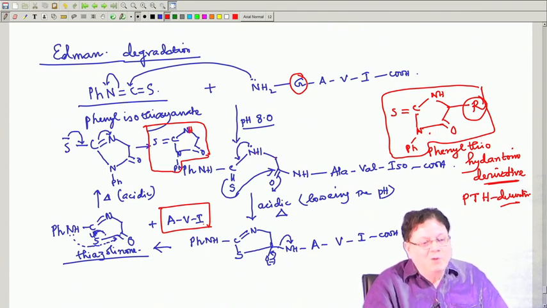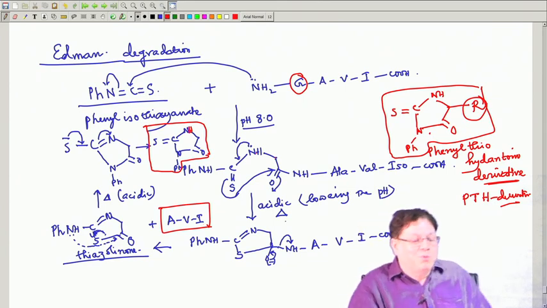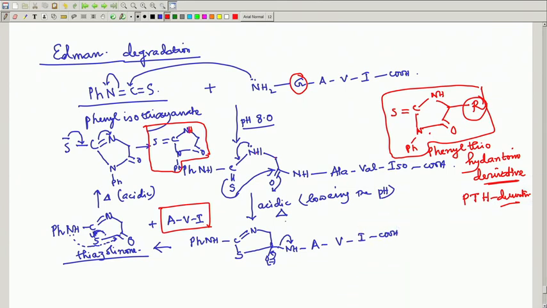Okay. However, every answer of a problem gives rise to other questions, and this also is very similar to that. This is a beautiful method of doing amino acid sequence, but the question is how many I can do in one shot. Suppose I have a peptide containing 100 amino acids, how many Edman degradations can be recycled at a time?